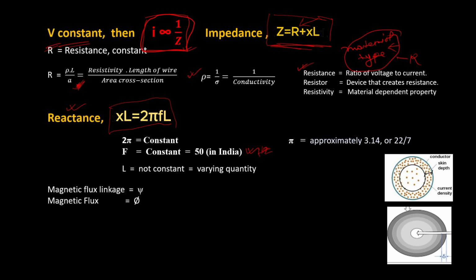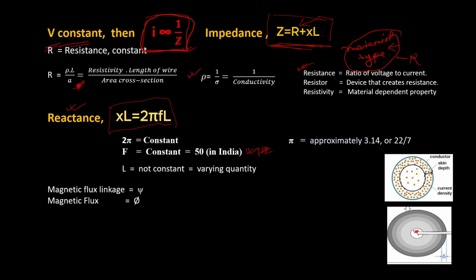So we are talking about magnetic flux linkage and magnetic flux. What happens in this middle layer is that when current flows through the conductor, it creates magnetic flux, and because of that magnetic flux linkage is also there.